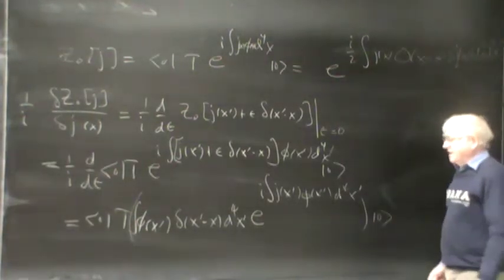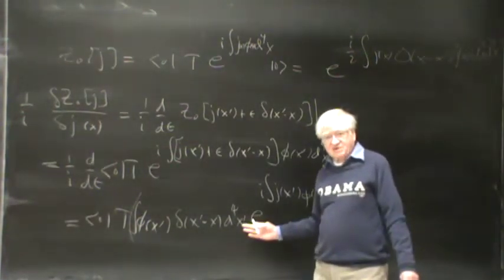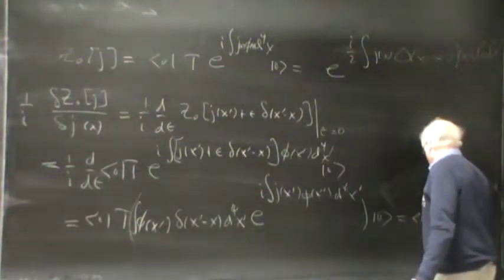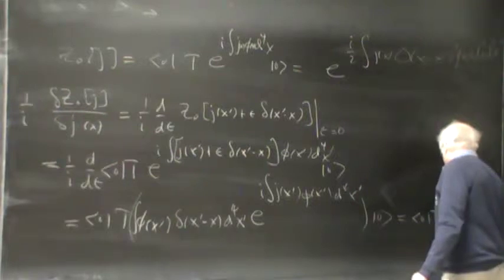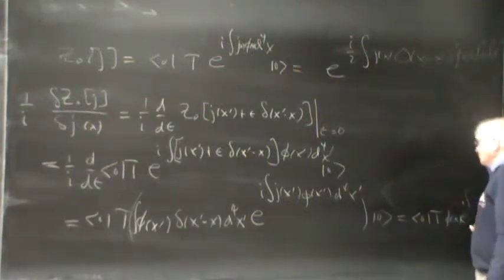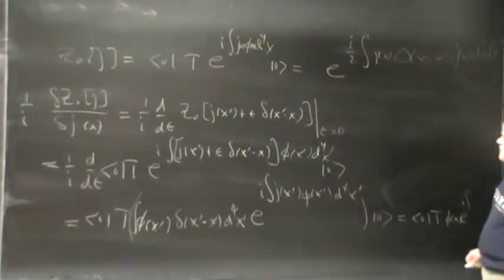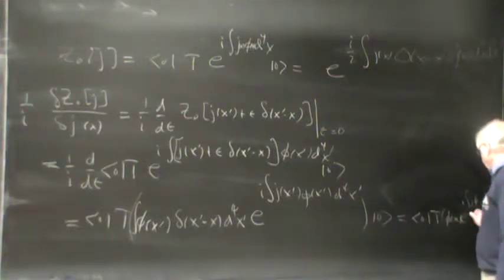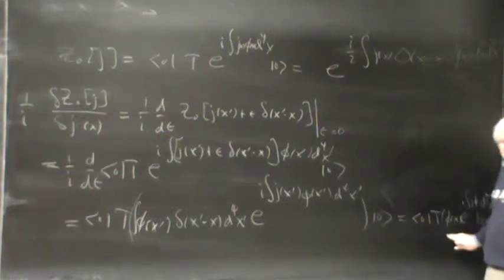Now when you do the d4 x prime integration, you just get phi of x. And so this is the vacuum time-ordered product of phi of x e to the i integral j phi d4 x. So that's the left-hand side.